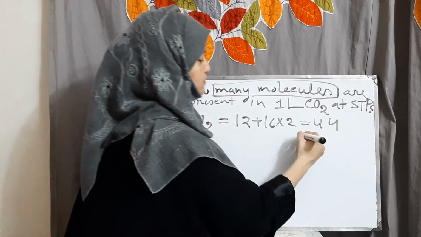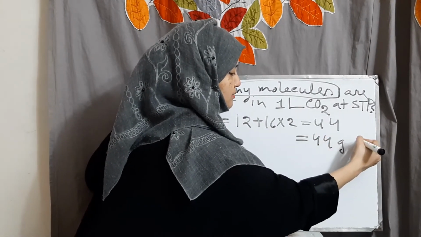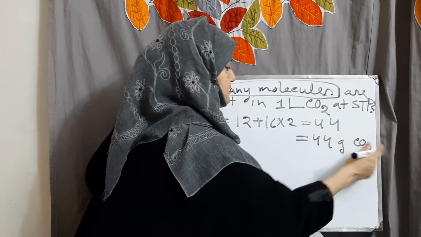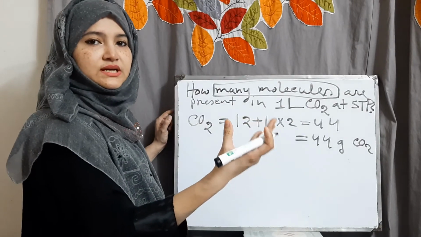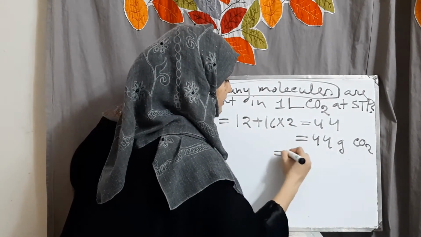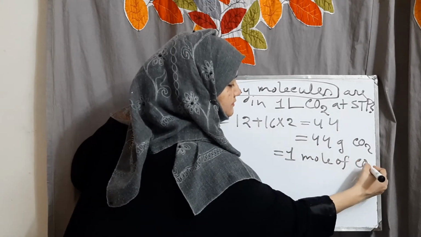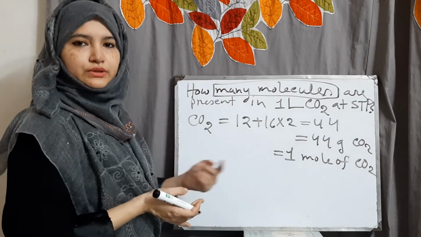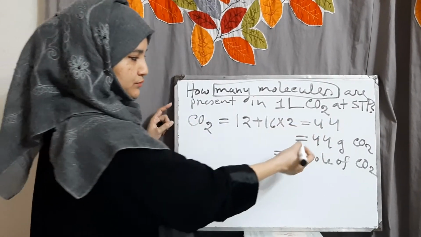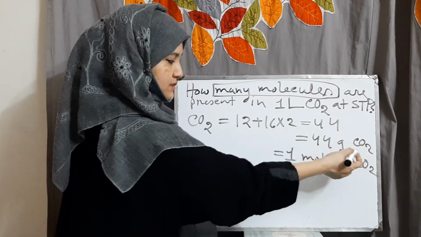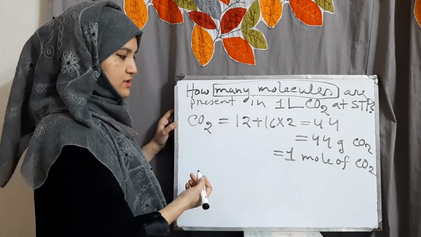Now you have to express this in gram unit, and this 44 gram carbon dioxide can be considered as 1 mole of carbon dioxide. We already know these relations: 44 gram carbon dioxide is considered as 1 mole of carbon dioxide gas.